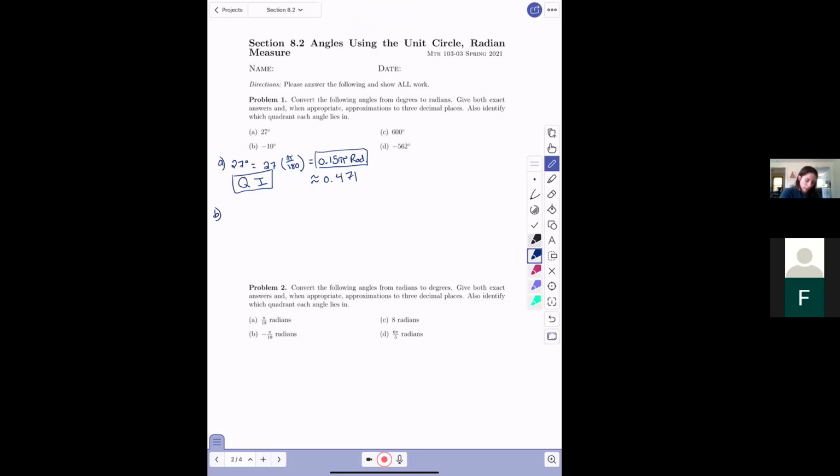Okay, for part B, we have negative 10. Negative 10 degrees is equal to negative 10 degrees times pi over 180, which is equal to negative 1 over 18 pi radians.